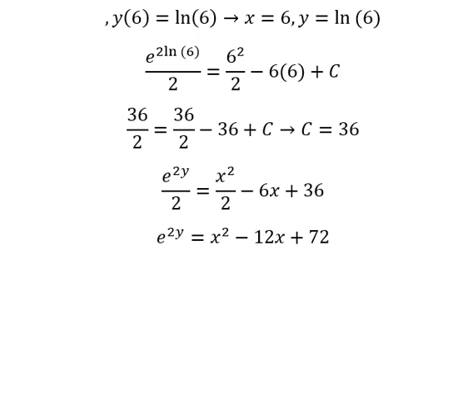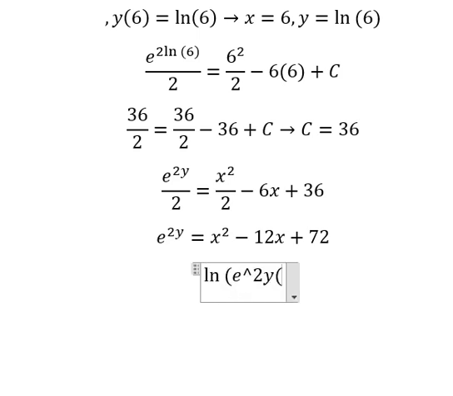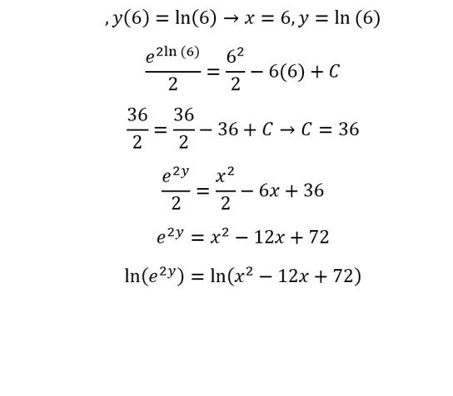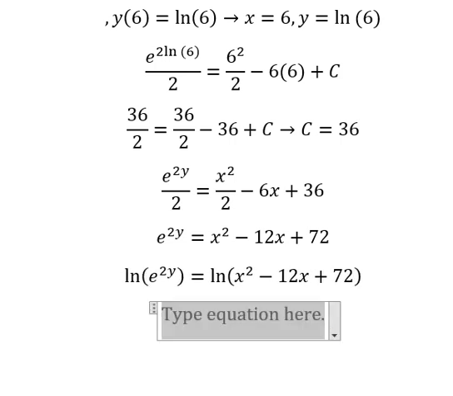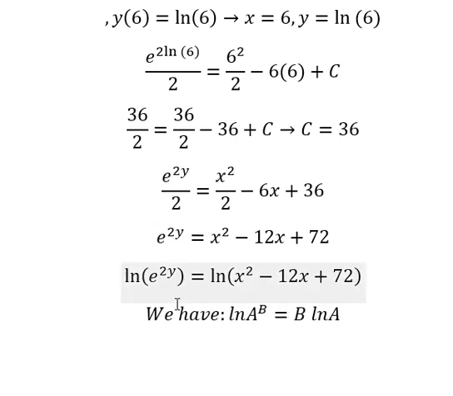Next, we take the natural log on both sides. Next, we have the formula in here. So capital A is e, capital B is 2y.